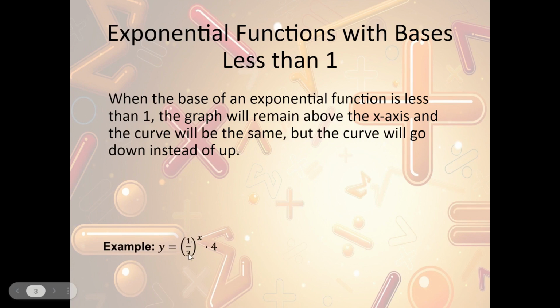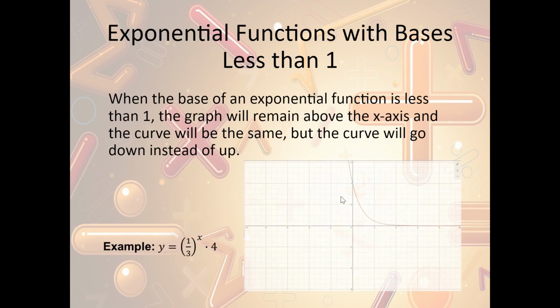So notice this is smaller than 1, and a normal curve goes up, but if we have a base number less than 1, it's going to go downward as we go from left to right. So it looks exactly the same as 3 to the x, except it's just mirrored over to the other side and going this direction.